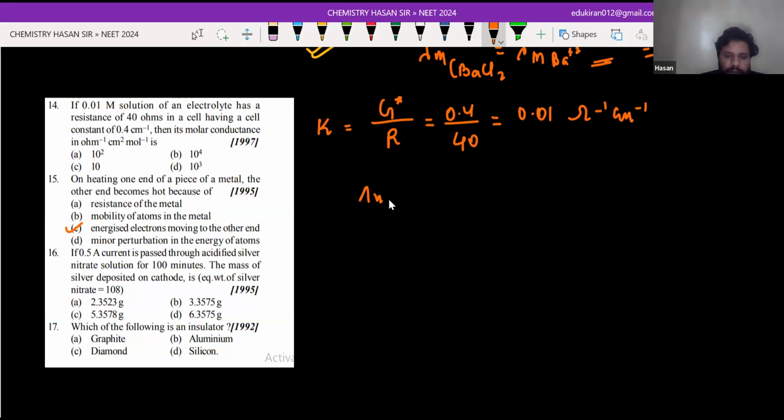After this, the molar conductance you need to calculate is very simple: 1000 kappa upon molarity. When you put the value, 1000 into 10 raised to the power minus 2, upon molarity. What is the molarity? That is 10 raised to the power minus 2, right?